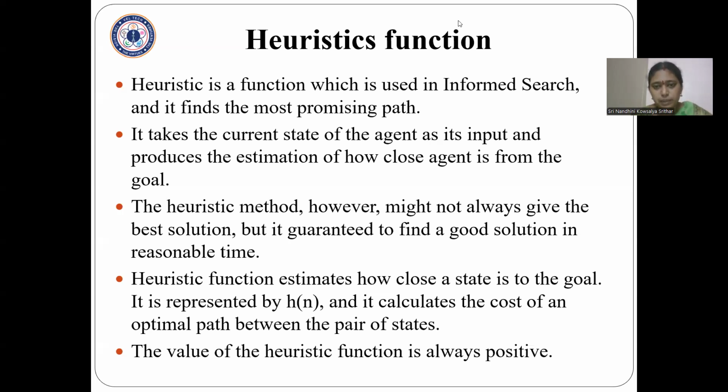What does it mean? For the particular node, how far it is from the goal node. So this is the heuristic value, not the path value. It is denoted as h of n, and it calculates the cost of the optimal path between the pair of states. The value of the heuristic function is always a positive one.